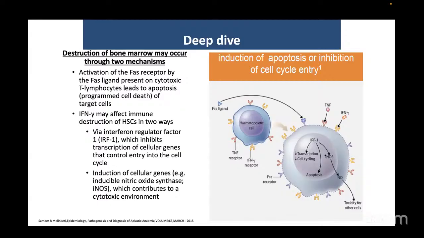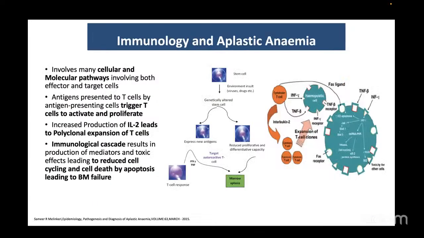And secondly, interferon gamma may affect immune destruction via interferon regulatory factor 1 and induction of cellular genes such as iNOS, or inducible nitric oxide synthase, which leads to the development of a cytotoxic environment conducive to cell death. So either they induce apoptosis or they inhibit progression of the cell cycle. This involves the immunology of aplastic anemia.